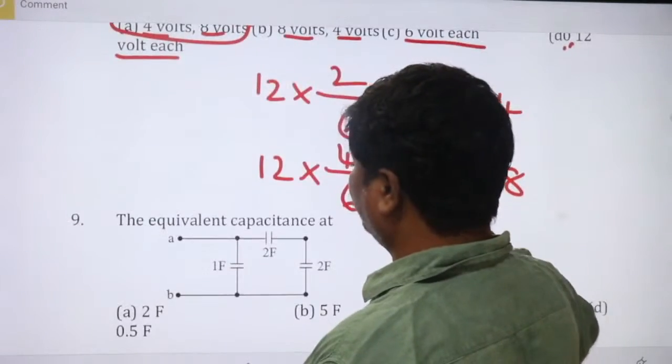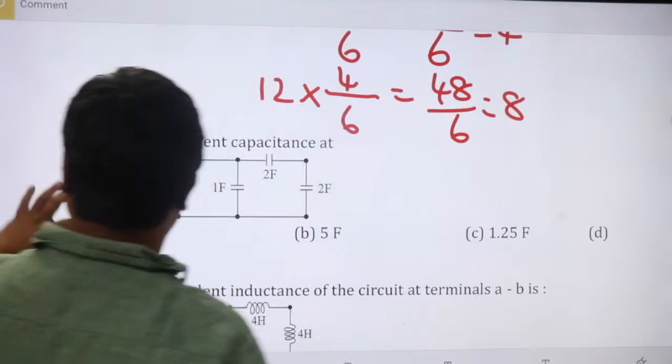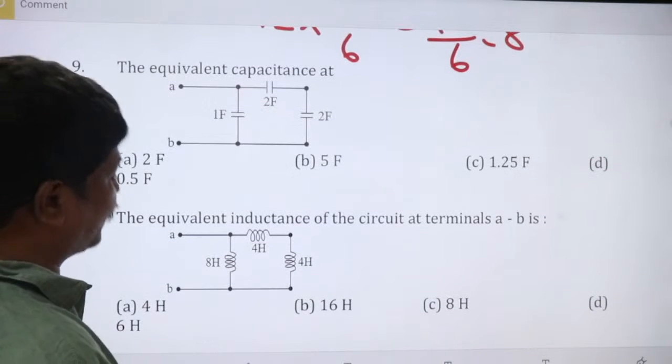What is the other one? The equivalent capacitance for the given circuit.